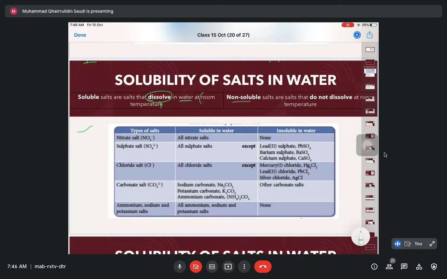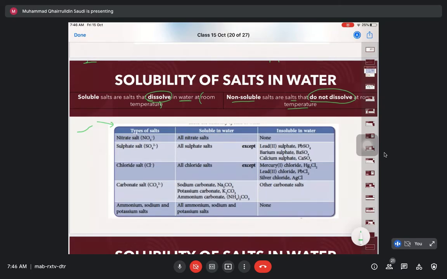While non-soluble salts are salts that do not dissolve in water at room temperature. Okay, kita bubuh air at room temperature dekat the salt, kita kacau, stir, dia tak soluble, dia tak dissolve. So we call the salt as non-soluble salt. So when you do the activity, supposedly you will get these results. Okay.